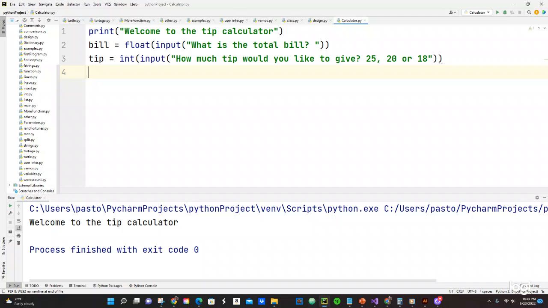Now we have to have another variable, people.